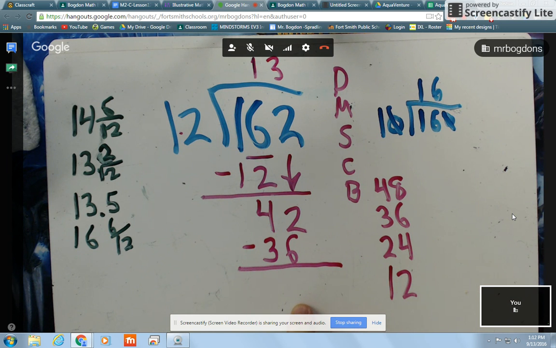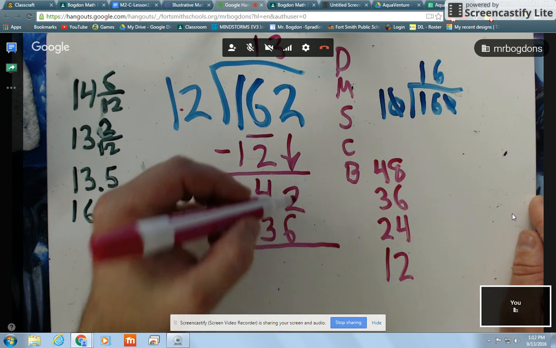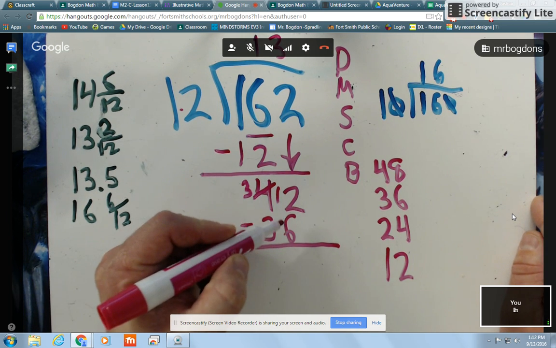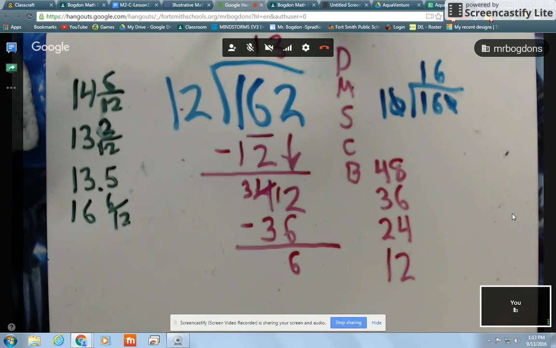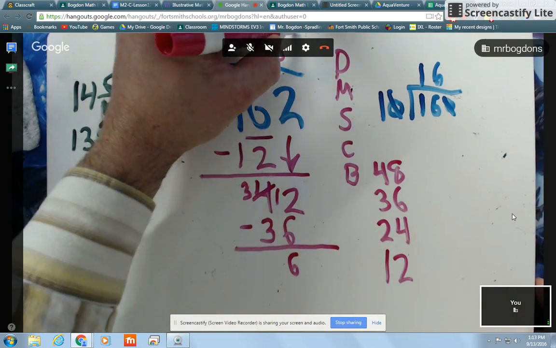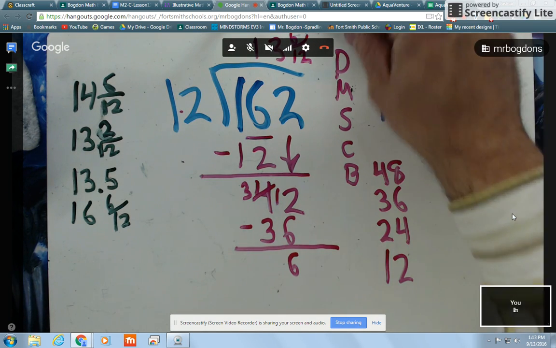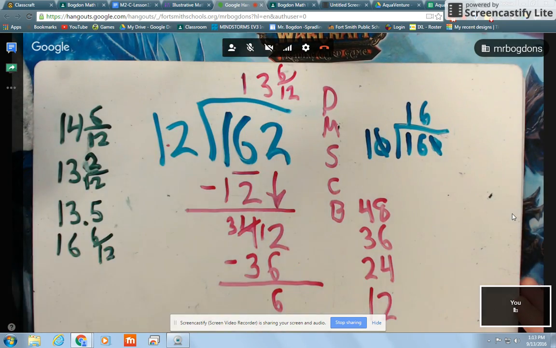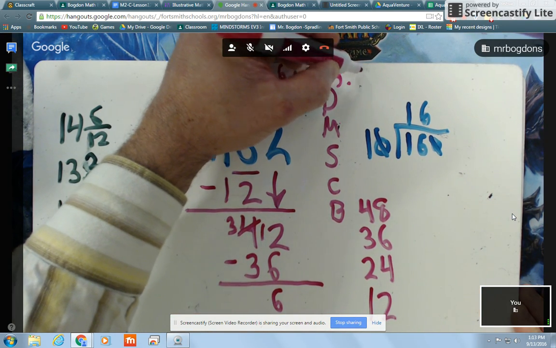Then I have to find the difference between 42 and 36, which is, I'm going to have to borrow from the tens place. That becomes 3. 12 minus 6 is? Okay, so I could say 13 and put my remainder up here, 6/12, which most of you should be able to realize is equivalent to what? 1/2. So that's equivalent to 13 and 1/2.